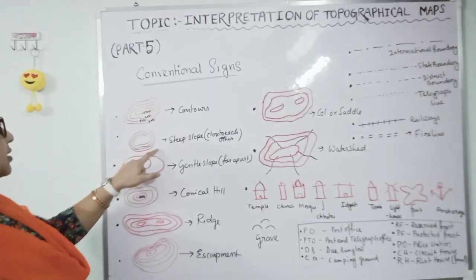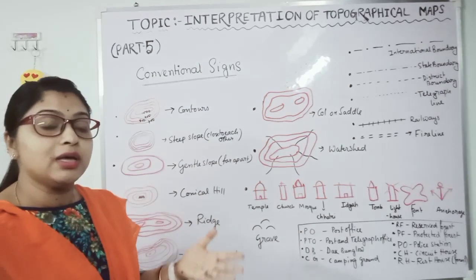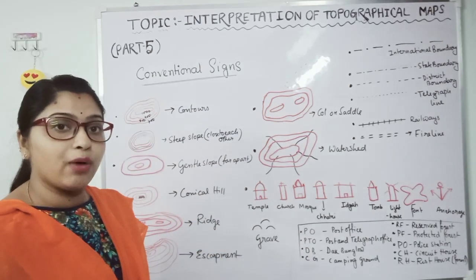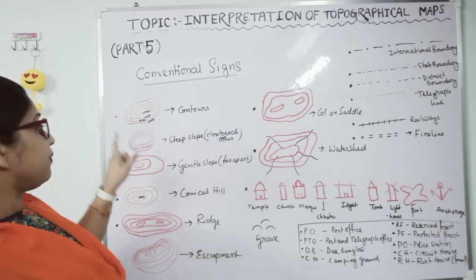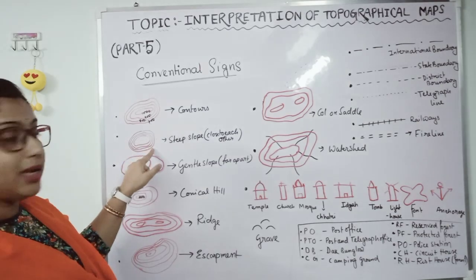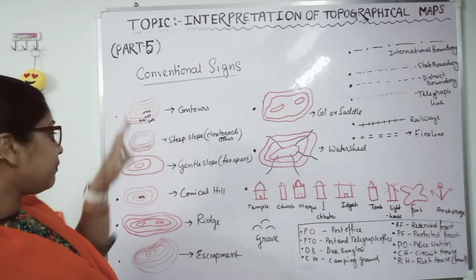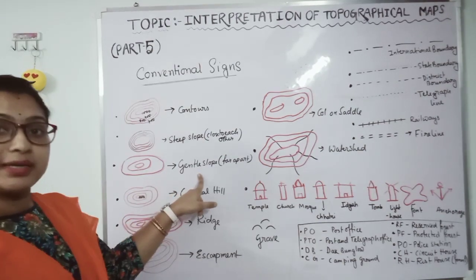Okay, next see steep slope. How do we know from the contours whether a landform has a steep slope or a gentle slope? If the contours are close to each other, then it forms a steep slope. If the contours are far apart, then it forms a gentle slope.